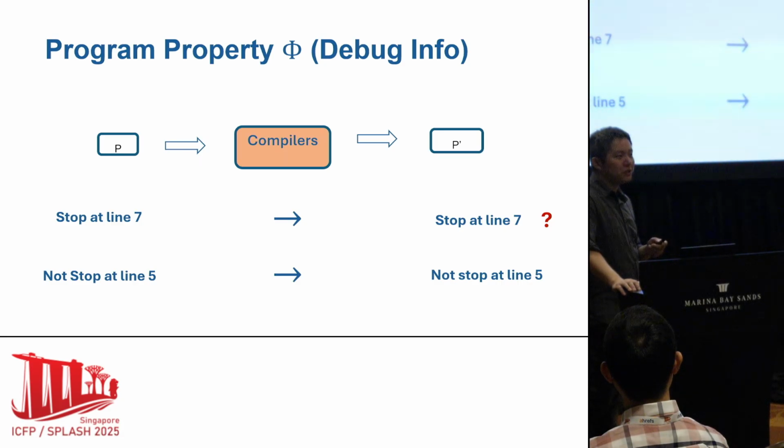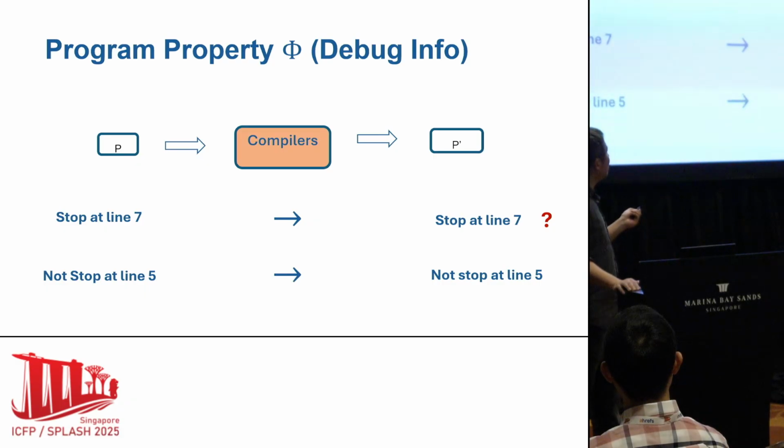Yes, the compiler will insert instructions, but according to some input, if you cannot stop at line 5, that means that line 5 is most likely dead code with respect to the input, right? And the optimizer should not revive any dead instructions in your optimized code, meaning that given the same input to P, if line 5 cannot be reached in the unoptimized code, line 5 should definitely not be reached in the optimized code.